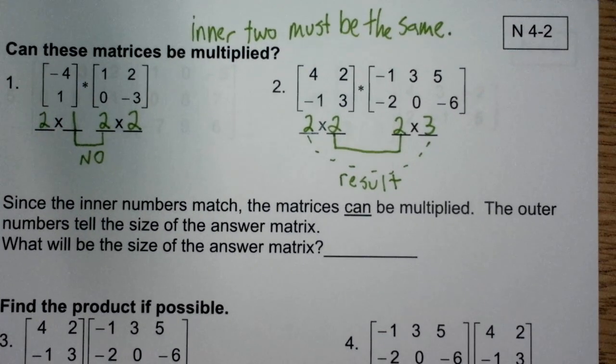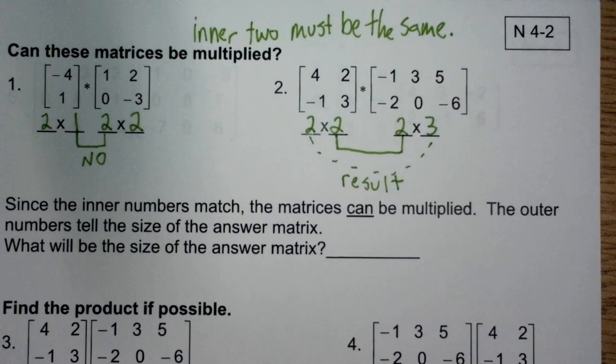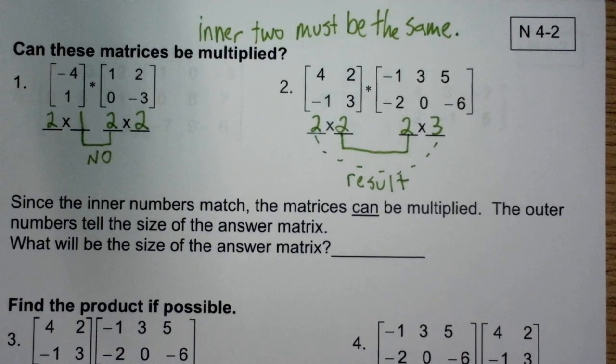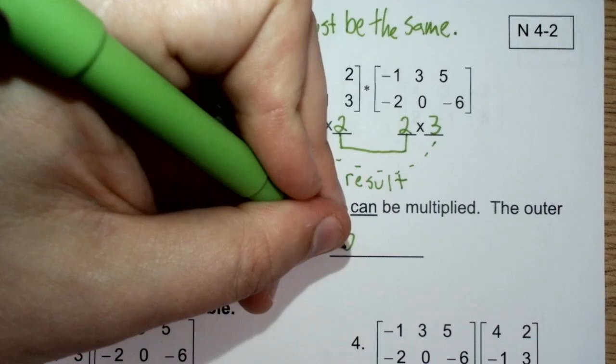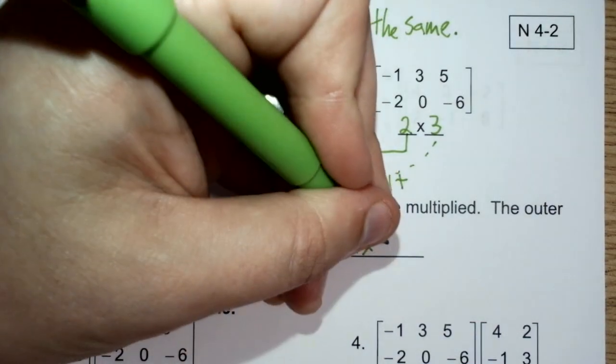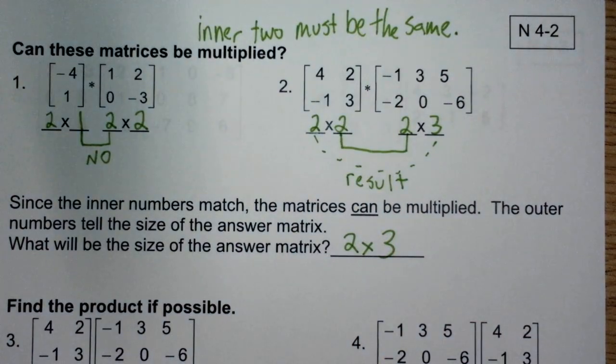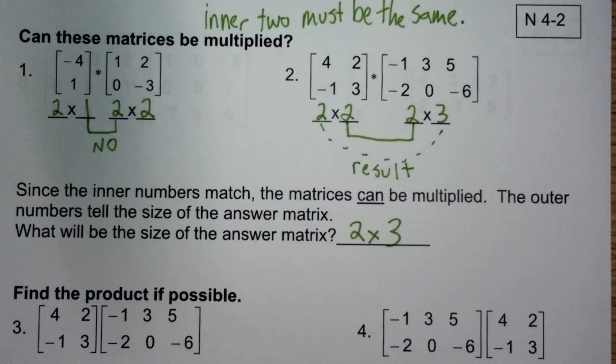So since the inner numbers match, they can be multiplied. The size we just said would be a 2 by 3, looking at the outside numbers. So let's look at a few examples here.